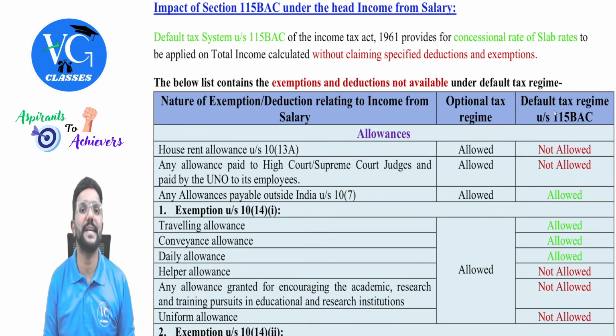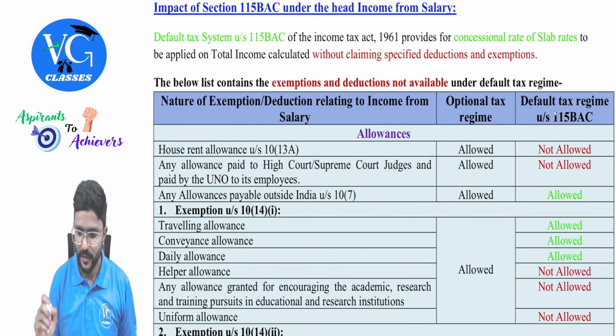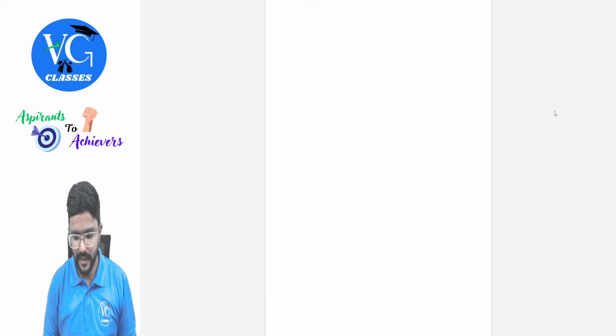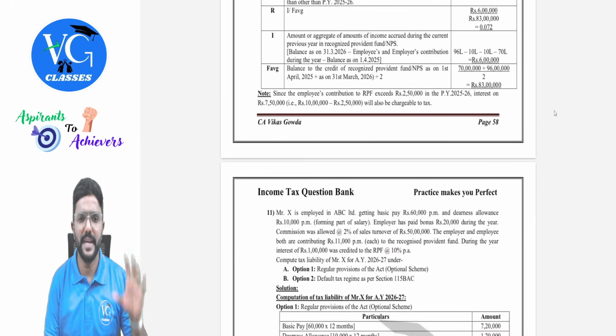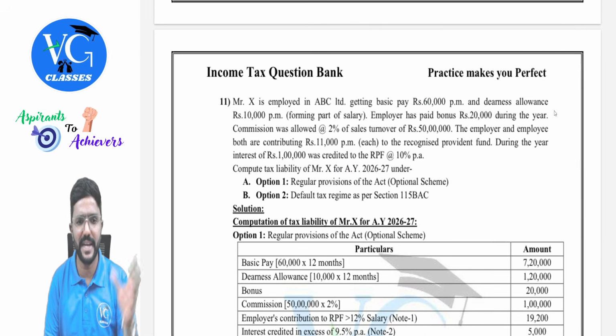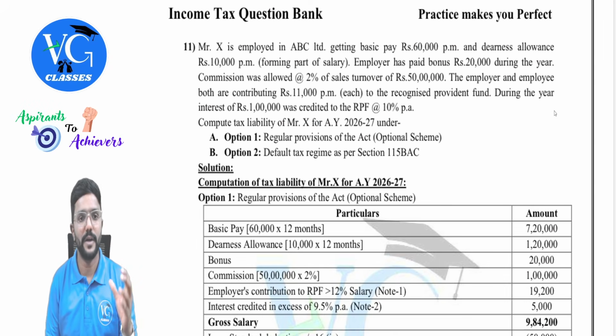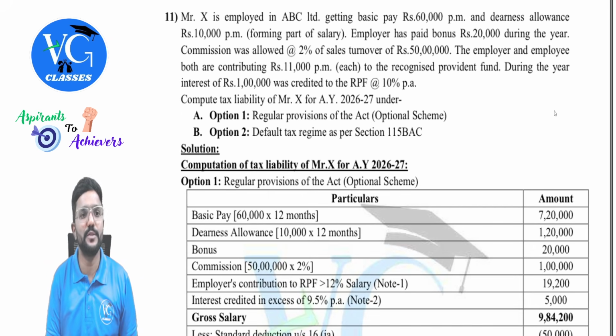So this is all about the revision of the first head of income. We have taken a good amount of time to revise each and every provision, guys. Please make sure that you solve a good number of questions. In my question bank, I have given a good number of questions on each element like retirement benefit, HRA and all, and also on the combined salary question where a number of adjustments would be there.